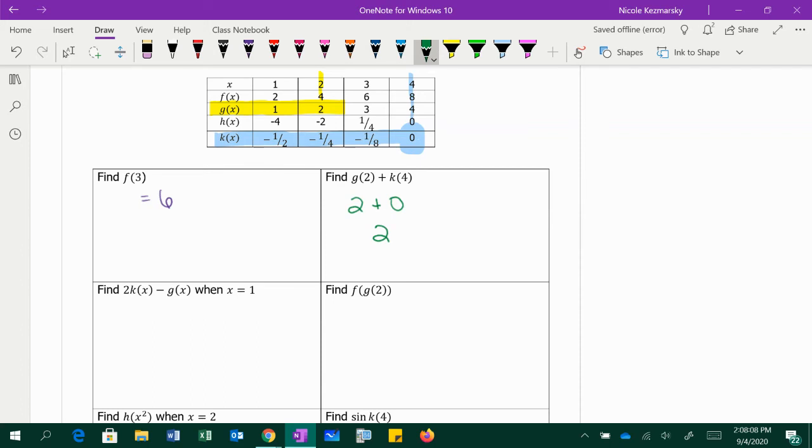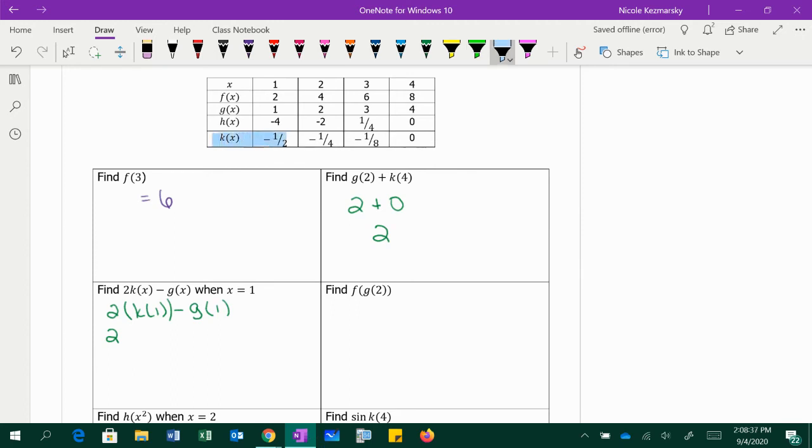Next example is phrased a little bit differently, but it's the same idea. It says find 2k of x minus g of x when x is 1. So we're trying to find 2k of 1 minus g of 1. So I'll keep my 2. I'll go up and I'll try and find k of 1.